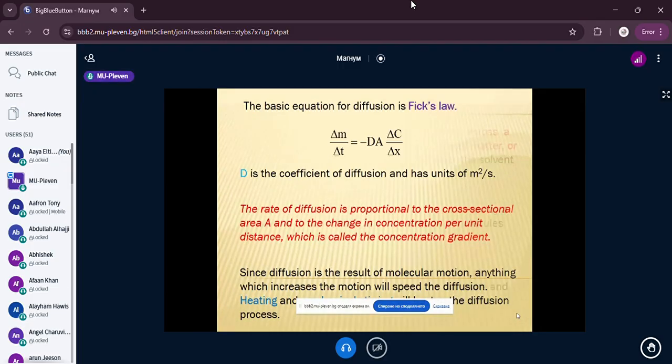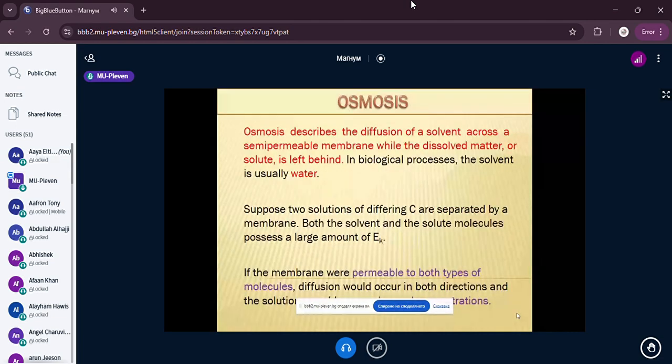Then osmosis. What is osmosis? Diffusion, a kind of diffusion. And you may be asked, so osmosis is also diffusion. Then what is the difference and what are the similarities between diffusion and osmosis? Initially similar.